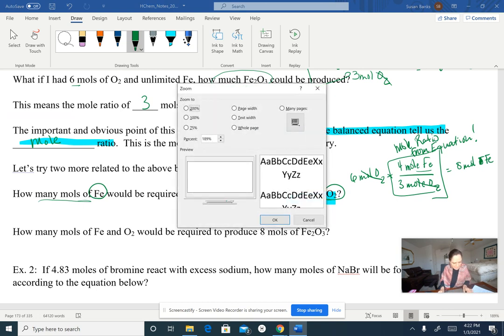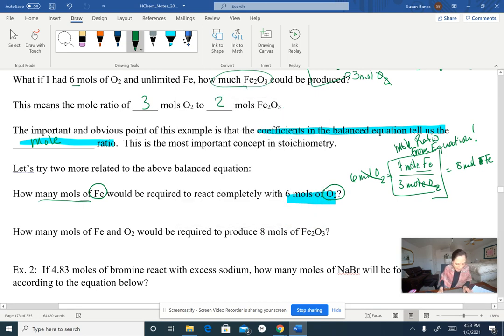So let's do this next one. How many moles of iron and oxygen would be required to produce 8 moles of iron trioxide? So I'm going to start with what I know. I want to make 8 moles of iron trioxide, and I want to know how much iron, let's do iron first, that I need to have.